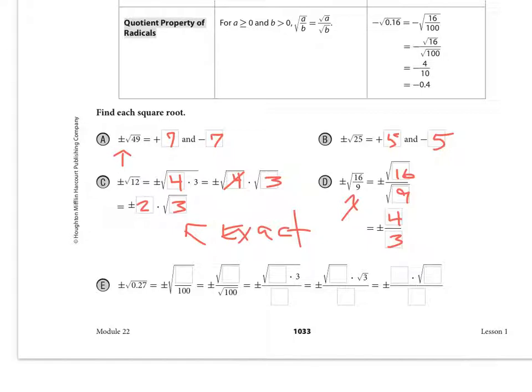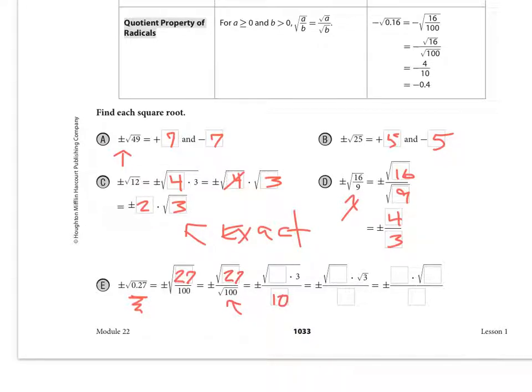What about a decimal? Sometimes it's better to rewrite it as a fraction. If you take 0.27, which is 27 hundredths, you rewrite it as 27 over 100. Now we go back to what we just did. With your fraction, you split it up: square root of 27 over square root of 100. We can do the square root of 100; that's 10.